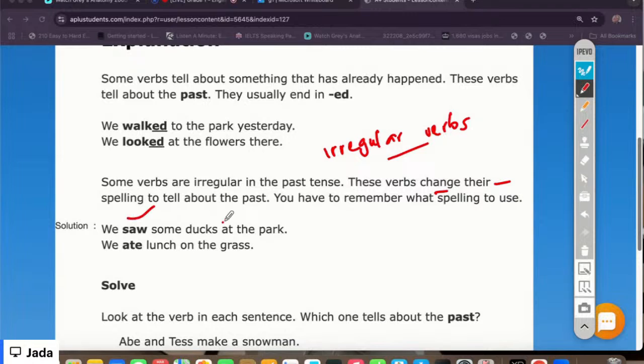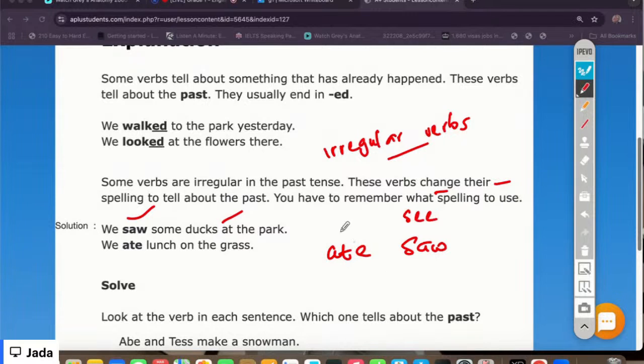We saw some dogs at the park. So we saw some dogs at the park. So saw. We also have ate. All these are irregular past. So they are irregular past. Okay.